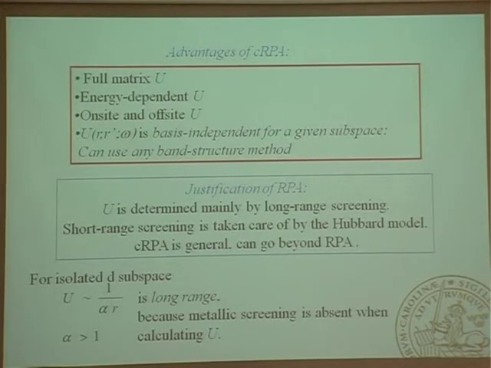So there is some justification for using this kind of approximation, because most of the correction to the RPA should be in the PD rather than in the PR, and the PD is actually taken out when calculating the U. So this approximation may be better than one might expect at first sight.